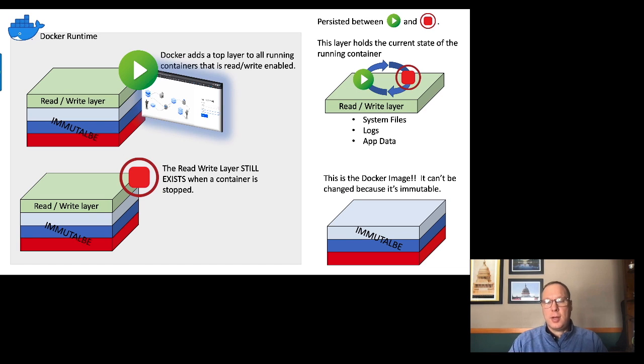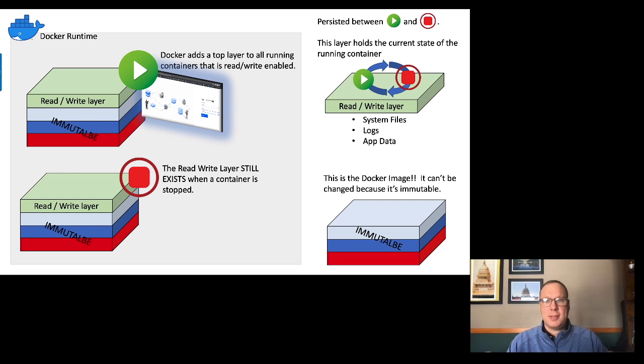So let's talk about this. One of the questions I always get is, hey, my changes persist when I stop the container and restart it. Totally true. Yes, they do, because that top layer is part of the container, and when it's stopped, those data files still exist. Your container is still there. It's just not running.